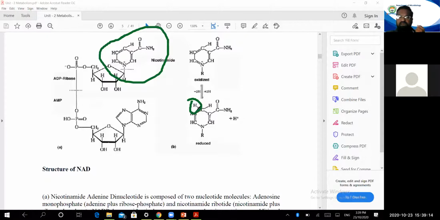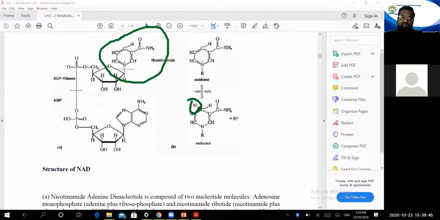Now, why is it important that there should be some electron acceptor molecule during the oxidation reactions? Because, in the first place, hydrogen is a very volatile substance. It is highly unstable. So when you remove hydrogen from the substrate, there are chances that it will go back and reattach with the substrate molecule. There is one possibility. Another thing, even if it remains freely suspended in the cytoplasm, it is going to adversely affect the electronic balance of the cell.